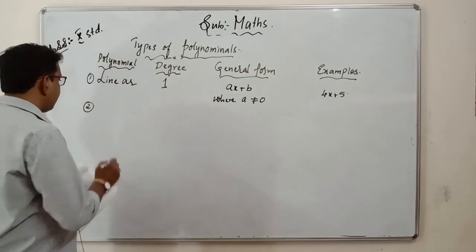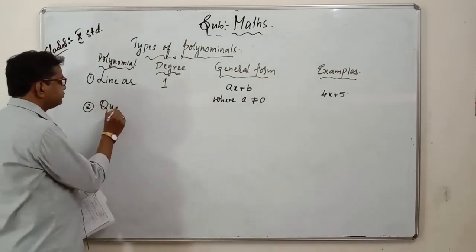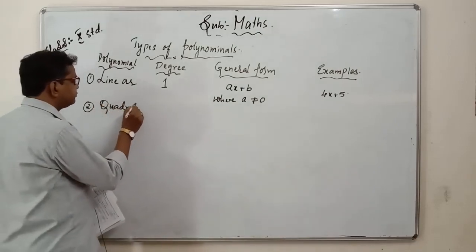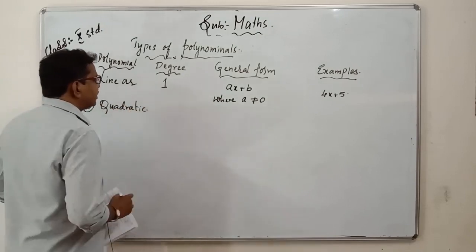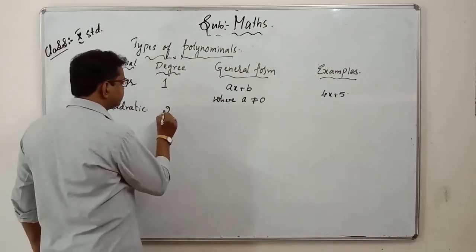We have quadratic polynomial, and the degree is 2.